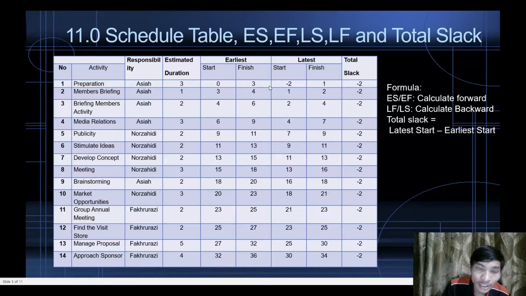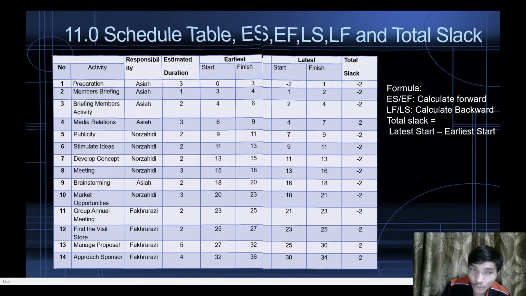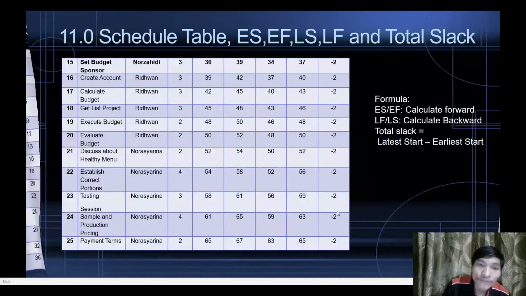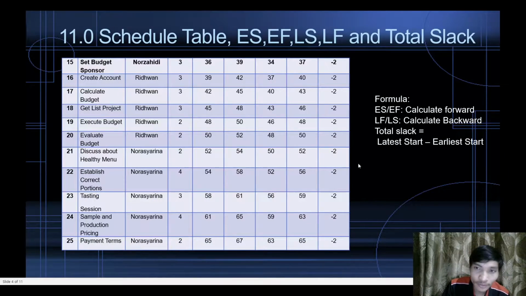I already calculated all the later starts from the first activity until activity 25, and we get -2 for the total slack. Like I said, it is from the table that we talked about on the 10.0 develop project schedule, and the table makes it easier to read the activities.